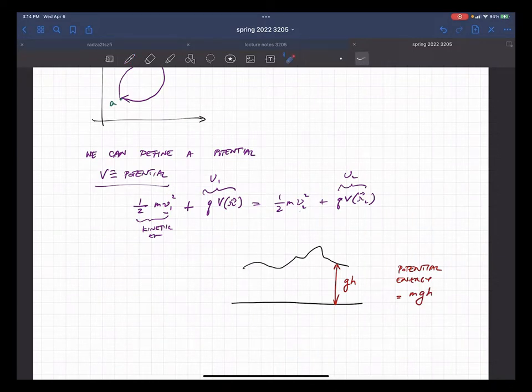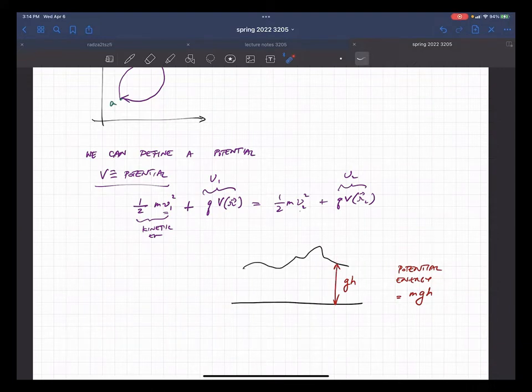So think of V, the potential, as being this GH. G is a gravitational constant, H is the height, and the charge would be analogous to the mass. Because we don't know if there's an elephant up here or a mouse, each one would have a different potential energy if it's sitting here.